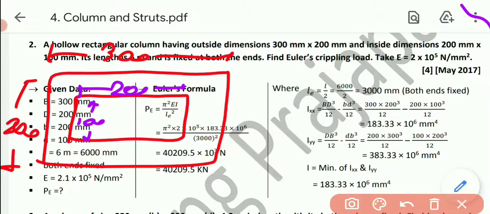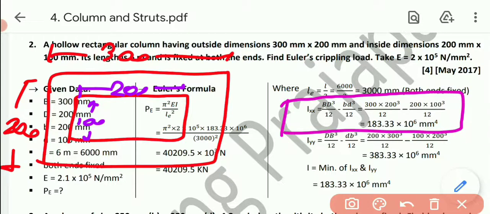Now first let's calculate I-XX, that is capital BD cube by 12 minus small bd cube by 12. Capital BD is 300 cross 200 cube by 12, small bd is 200 cross 100 cube by 12. By simplifying this, I will get the answer 183.33 into 10 raised to 6 mm raised to 4.